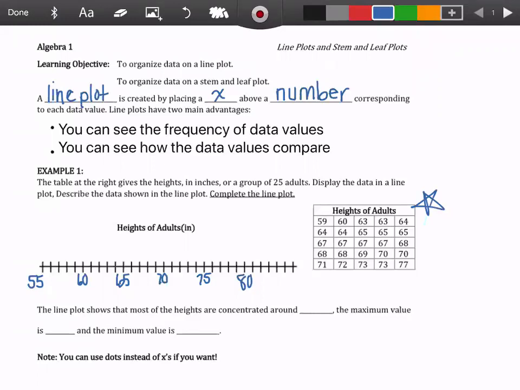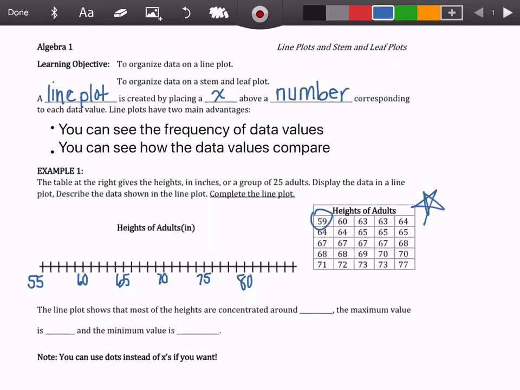Luckily, our numbers are already in order from least to greatest. Sometimes we will have to reorder the numbers from least to greatest, and that's going to help us make the line plot. But fortunately, it is already in order. So making our line plot, because 59 is the smallest number, I'm going to start at 55.